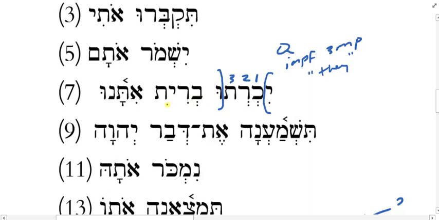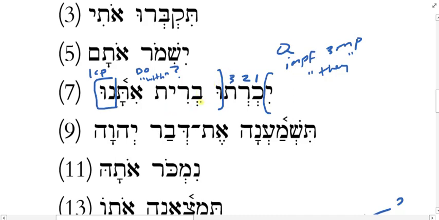covenant. Okay, so there's 2 issues related to how to analyze itanu. This is indeed the new personal pronoun, 1CP. But is this the direct object marker, or is it the preposition that means with? Okay, that's the big question.